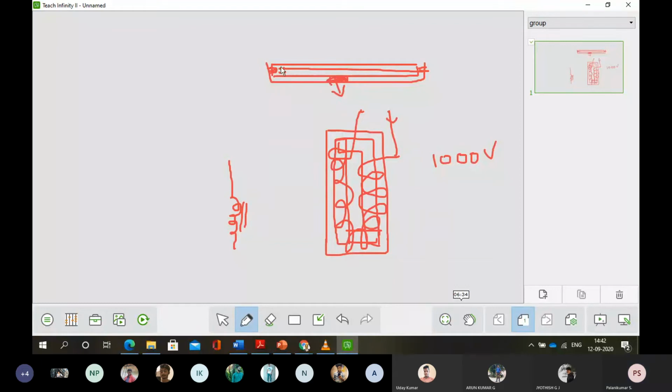Why is this very high current possible? Because of the starter arrangement. Initially the starter will be in a closed position, so the supply goes through this choke to the starter. Because of that, very high current goes through, and very high voltage is induced.